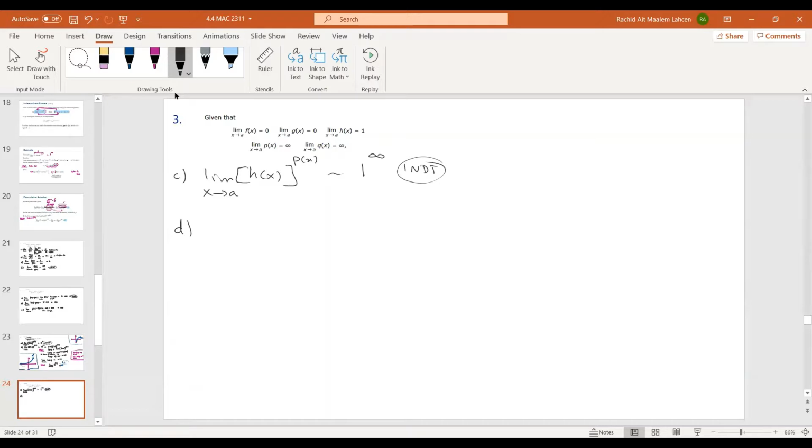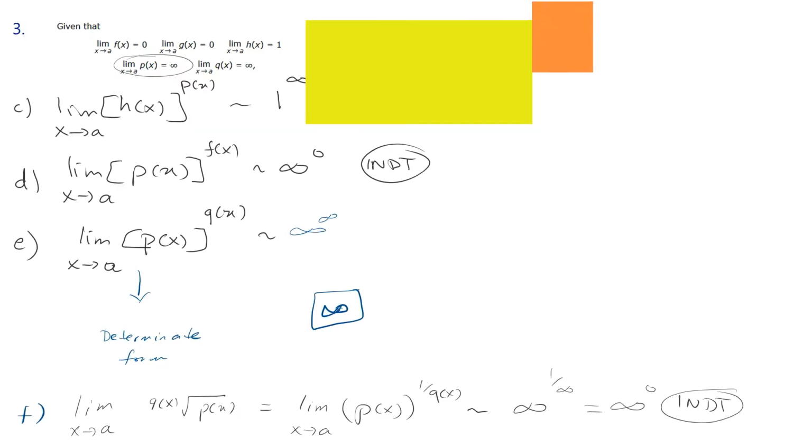Or let's say we want the limit as x approaches a of p of x times f of x. Here p of x is infinity and f of x is 0. That's also indeterminate.